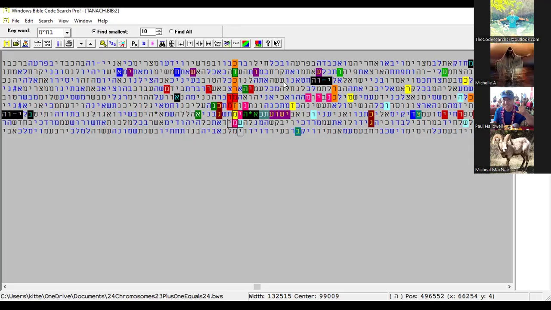So we have, this is in green, the word for plus, ending right here on the dalet. And then the word one, aleph, chet, dalet, both ending right here. And then this word is plus, and it also means more.